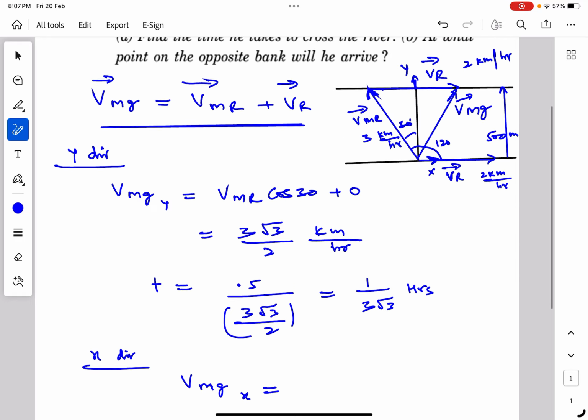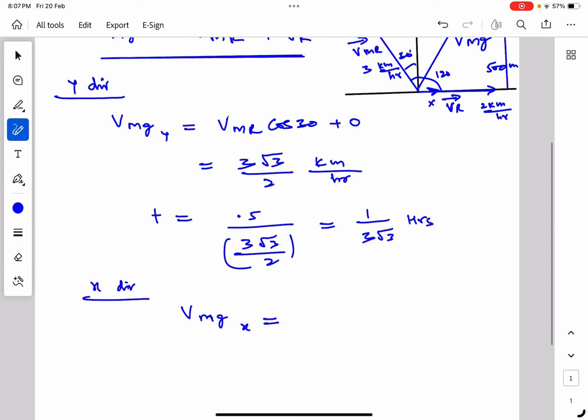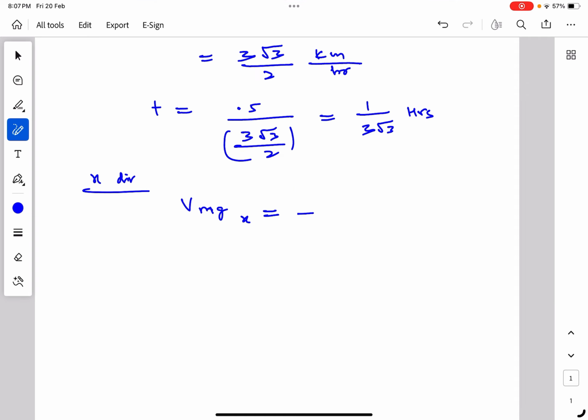The component of velocity of man with respect to river in the x direction will be negative, and this would be sine 30 degree plus velocity of river. So this is equal to minus 3 upon 2 plus 2, and this is 1 by 2 kilometers per hour.